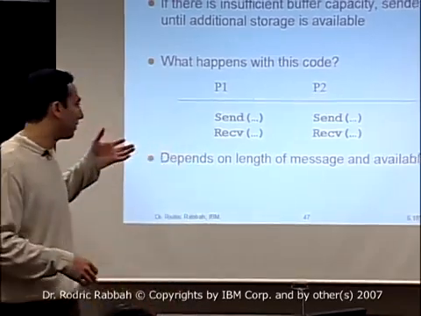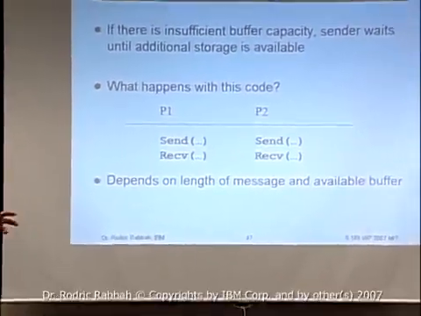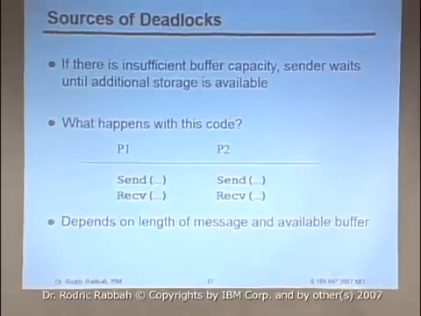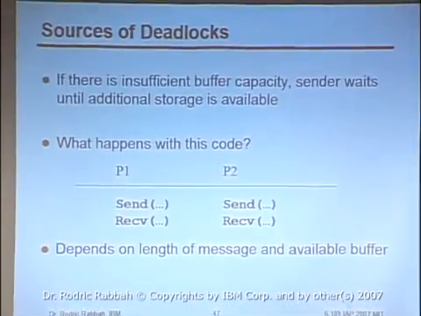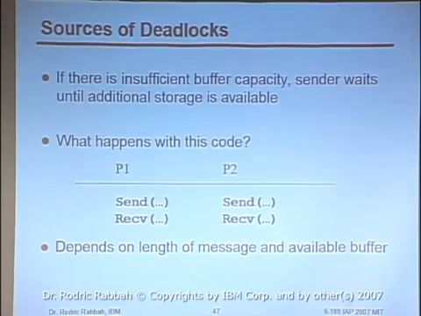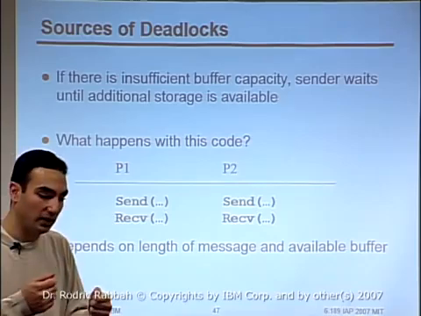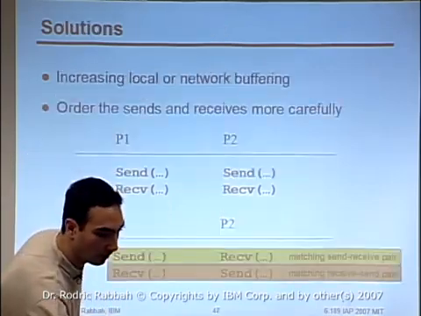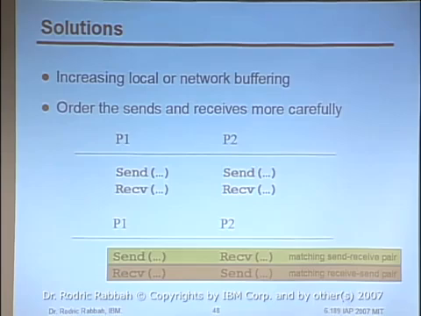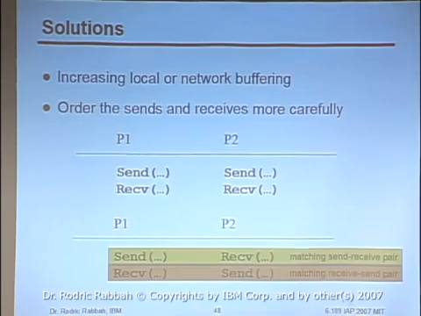So what happens with that code really depends on how much buffering you have between the two. If you have a lot of buffering, then you may never see the deadlock. But if you have a really tiny buffer, then you do a send. The other person can't do the send because the buffer hasn't been drained, and so you end up with a deadlock. A potential solution is to increase your buffer length, but that doesn't always work because you can still get into trouble.